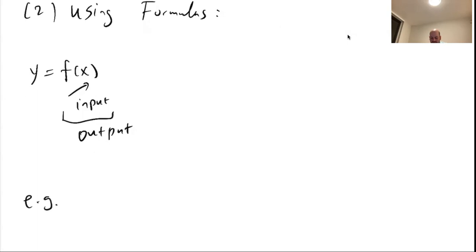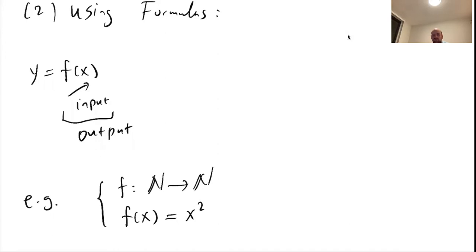For example, let's say f from N to N, f of x equals x squared. So f from N to N, we said that this means this is the domain and this is the codomain.